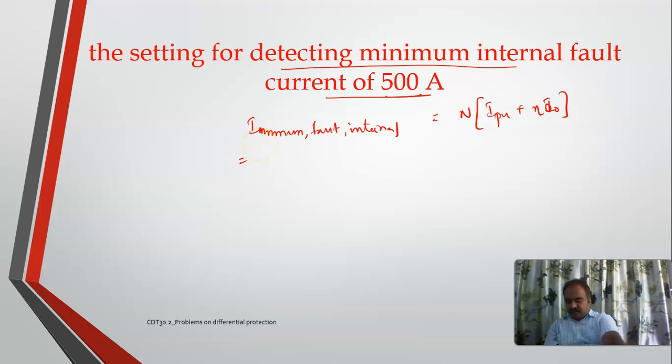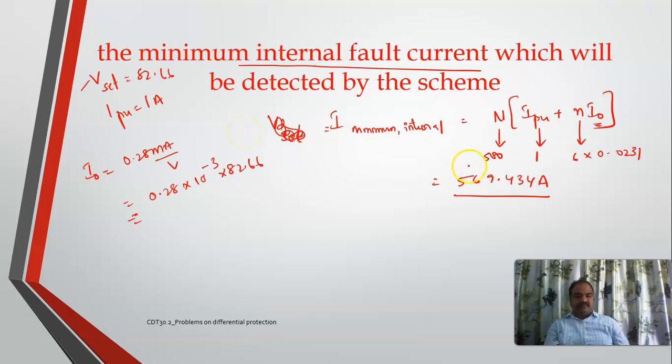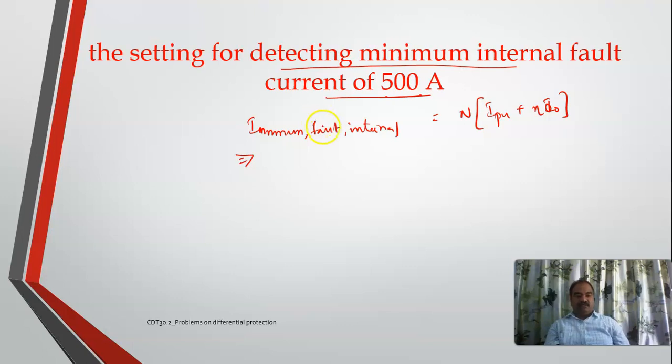This I think I have already obtained here. Initially I have obtained it as 569.434. But what he wants now? He wants only 500.